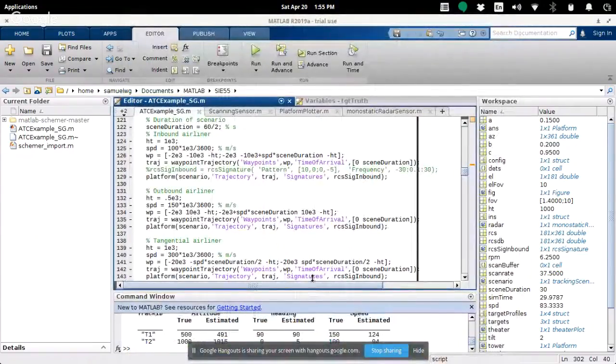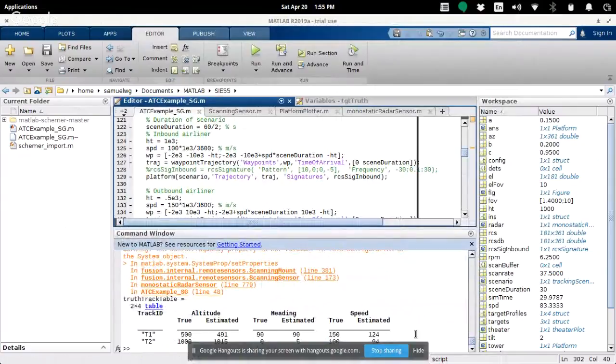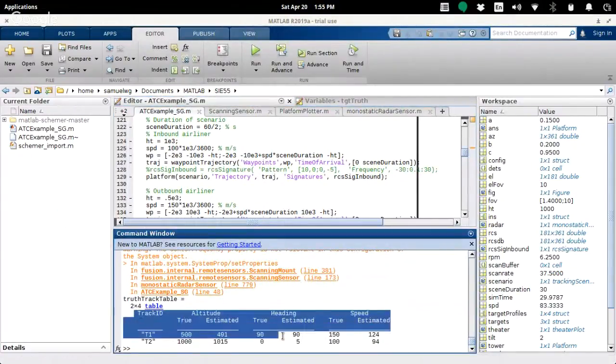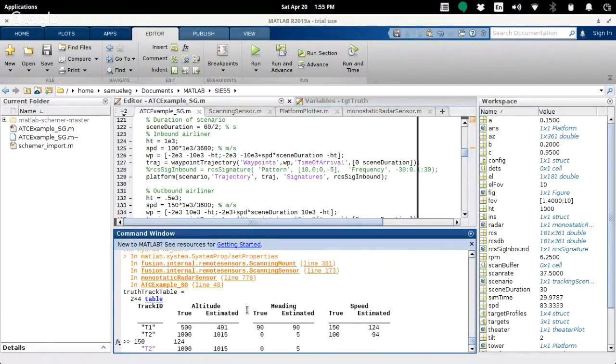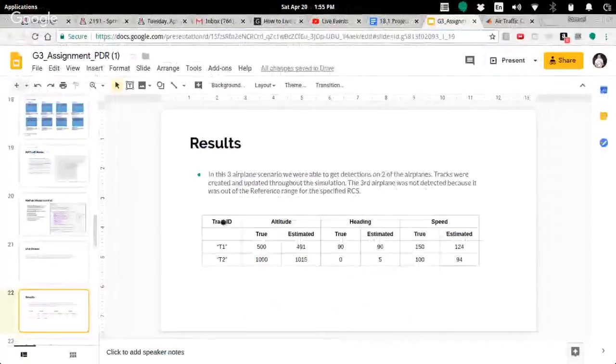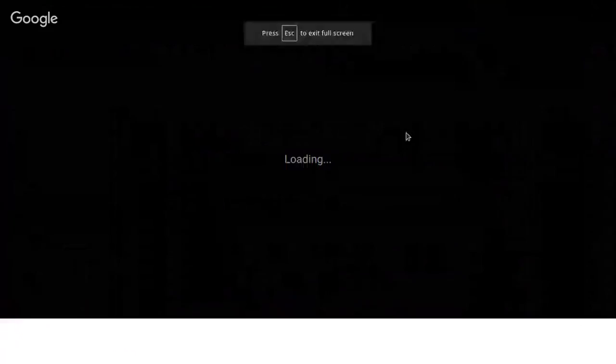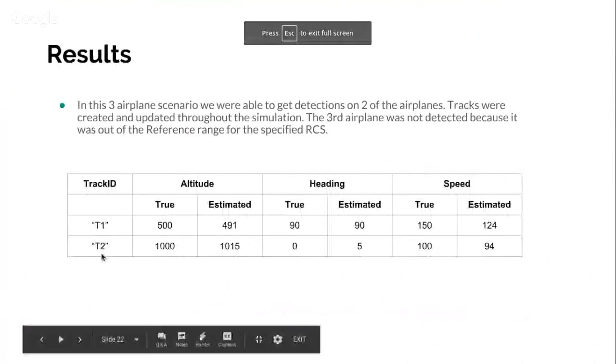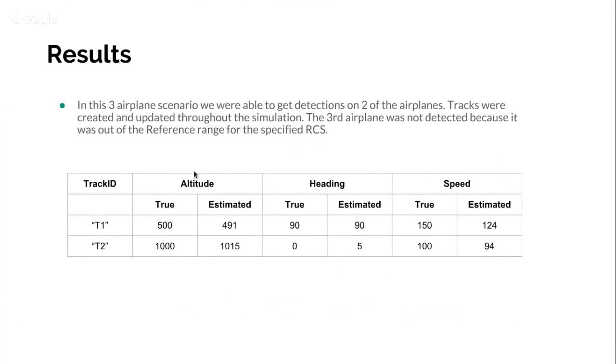And then right here, let's hide that. So right here we get a table out, and actually I'll show this in the presentation here. So our results were, out of the 3 airplane scenario, we were able to get detections on 2 of the airplanes.